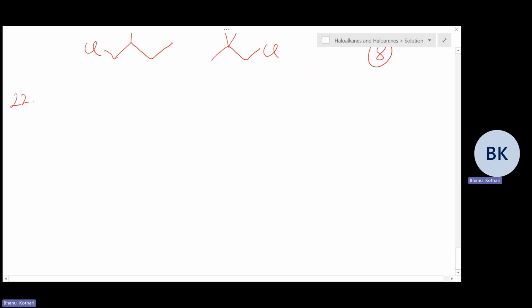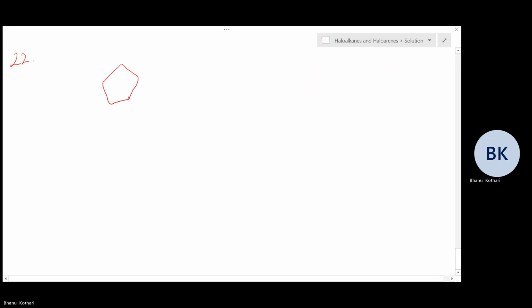The next question we've been asked: find the total number of possible products in the following reaction. HBr is added. There will be four different products that will be formed.